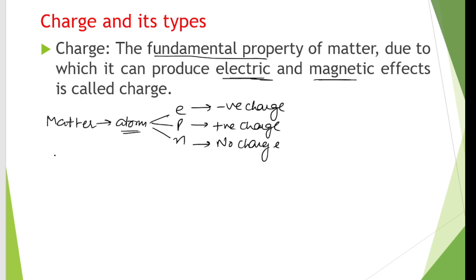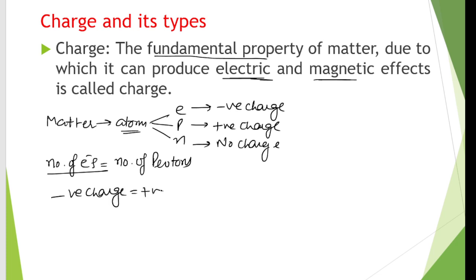Further, we know that in an atom, the number of electrons is always equal to the number of protons. The number of electrons means the total negative charge, and this is equal to the total positive charge.